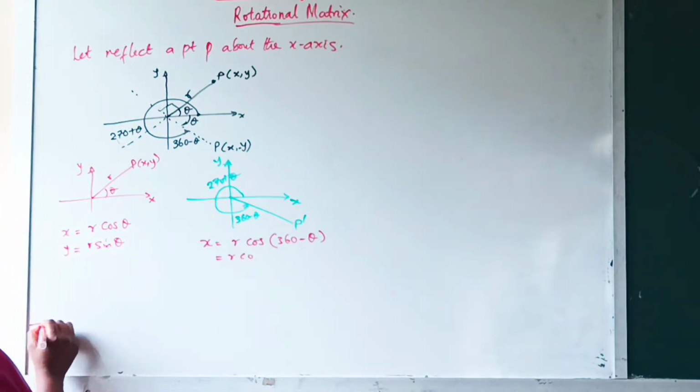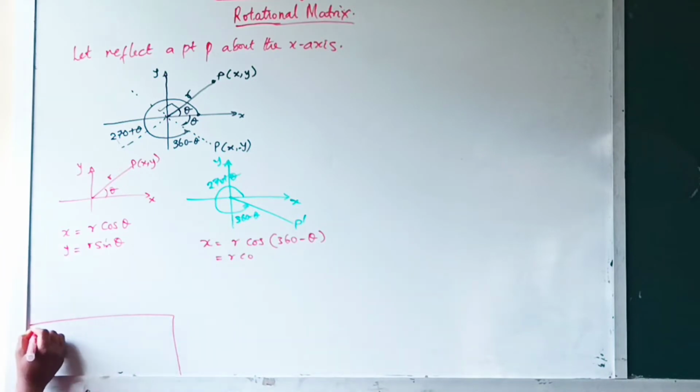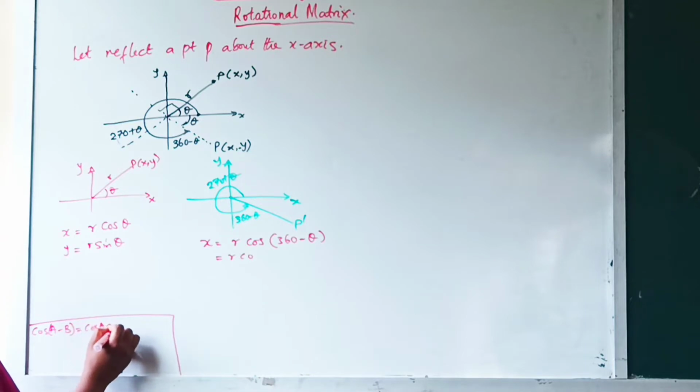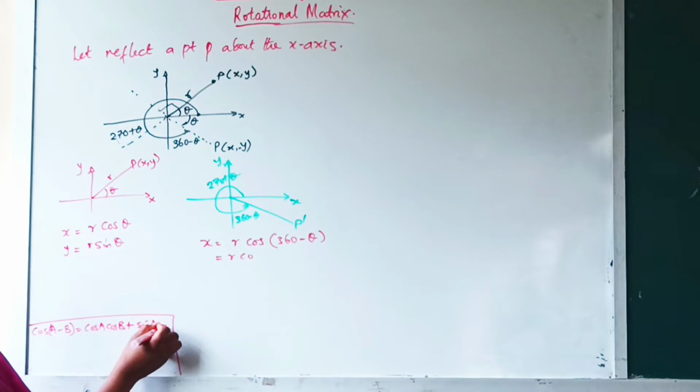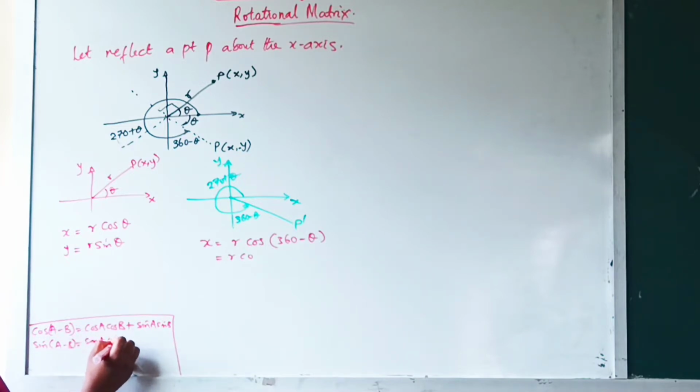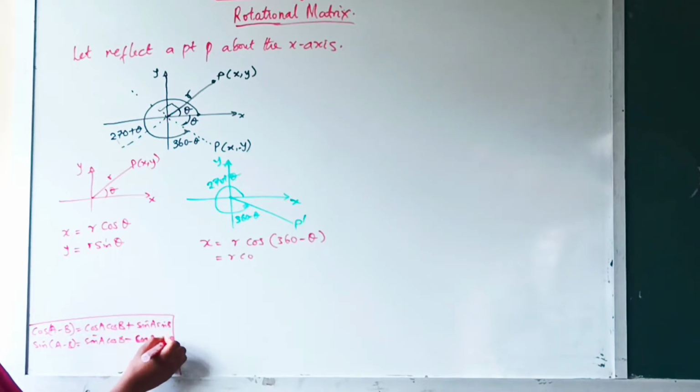Let's remind ourselves: cos A minus B is equal to cos A cos B plus sin A sin B. And sin A minus B is equal to sin A cos B minus cos A sin B. So we're going to put it here.